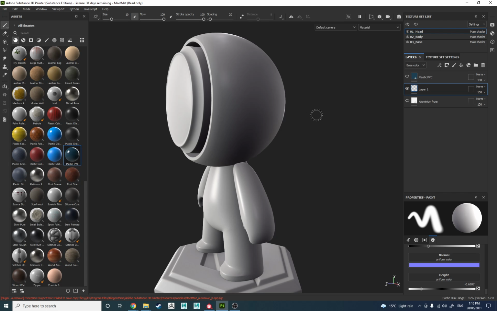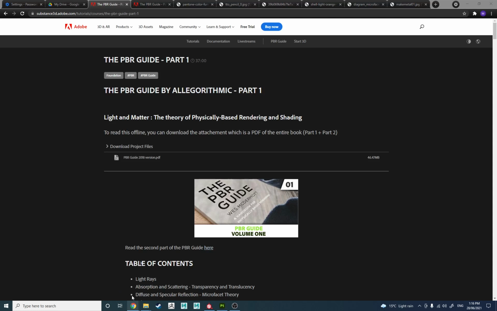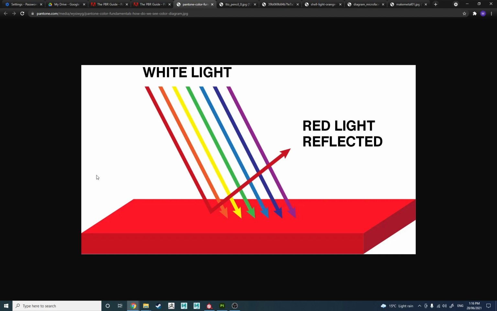When light hits an object, there are 3 ways it can really interact with an object. It can bounce off the surface, and this is what we call reflection. If you've done some high school science, you will probably remember that the color of an object that we see is the color of light that is actually bouncing off the surface of that object.